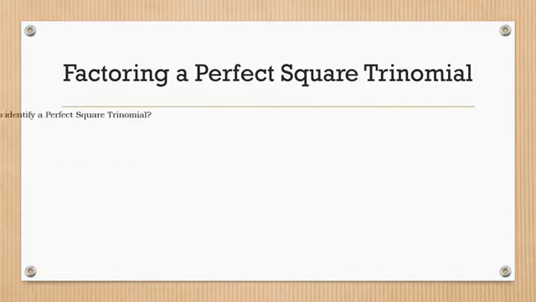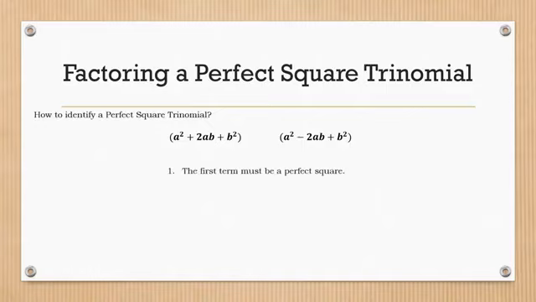Let's go. How do we identify a perfect square trinomial? Let's focus on the pattern. Once we determine the pattern, it is easy to get the factors. First, the first term must be a perfect square.